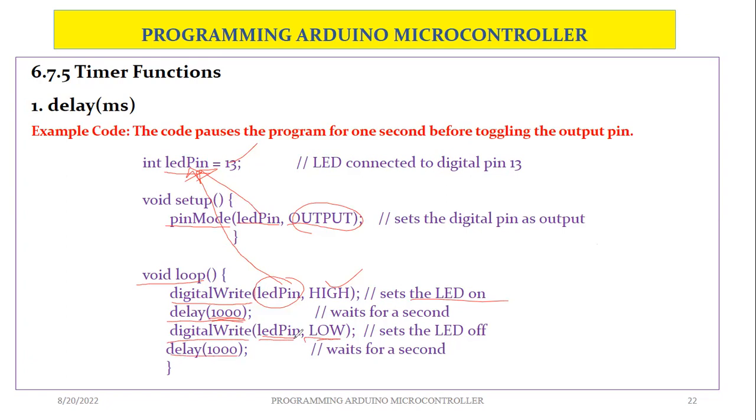And then again, we put another delay of 1 second, that is 1000 milliseconds. So basically, this is a simple program illustrating how we can use the delay milliseconds function, in which case we are toggling an output LED pin number 13 between off and on with the delay separation of 1 second or 1000 milliseconds.